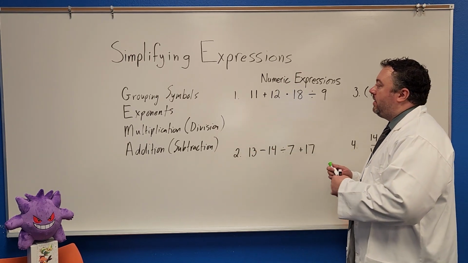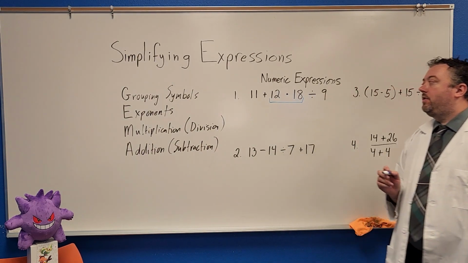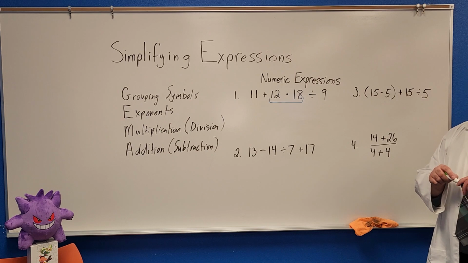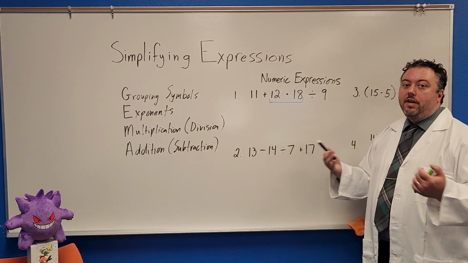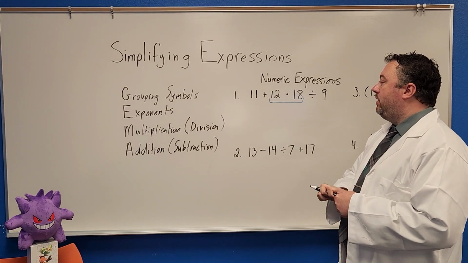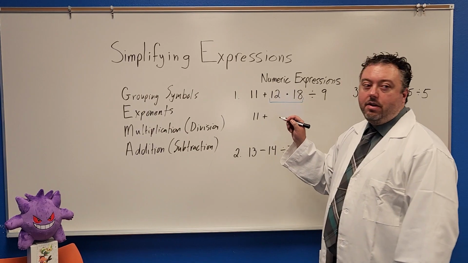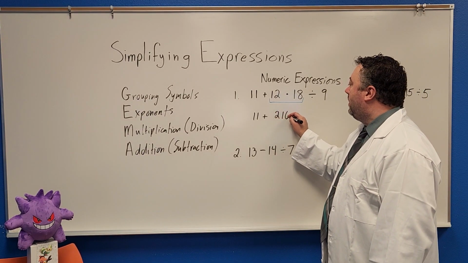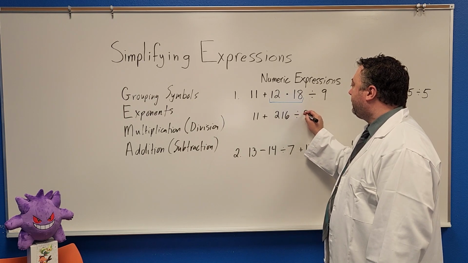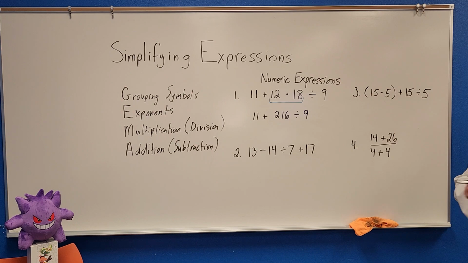So the first operation, reading it from left to right, is 12 times 18. So the first thing I need to do is take 12 times 18, change that into a single number. So the 11 comes down, the addition comes down, and I get 216. The division comes down, and the 9 comes down.